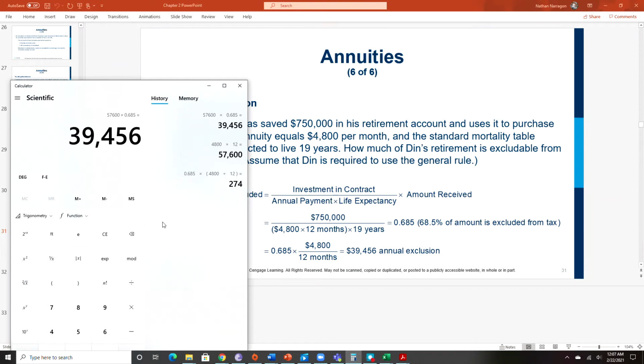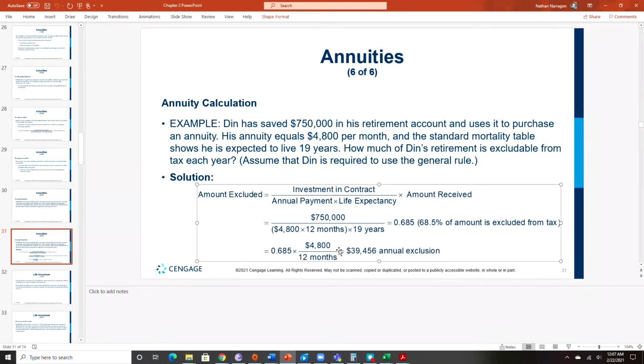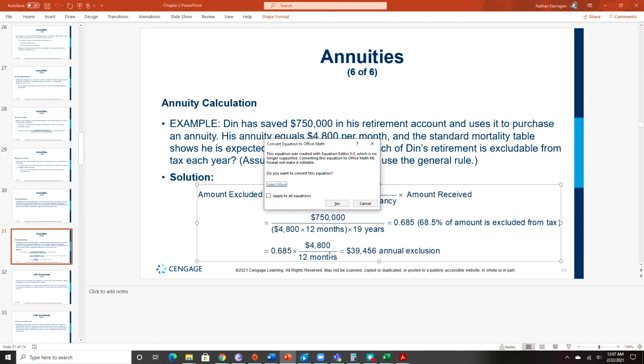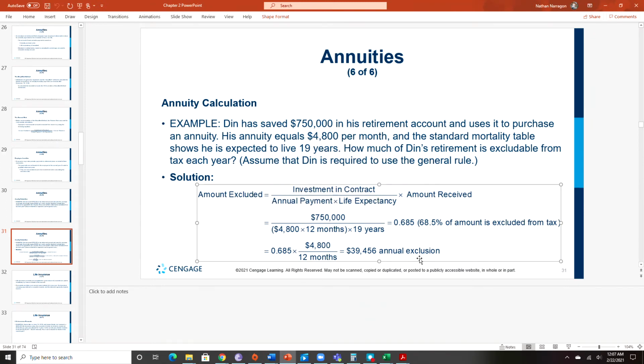I mean, any tax accountant is supposed to know a little bit of math, and it just doesn't look right. That did not look right, 4,800 divided by 12 months. That's supposed to be multiply. If you have your friendly editor tool, which again will not let me edit, remember, this is supposed to be multiplication, not division.